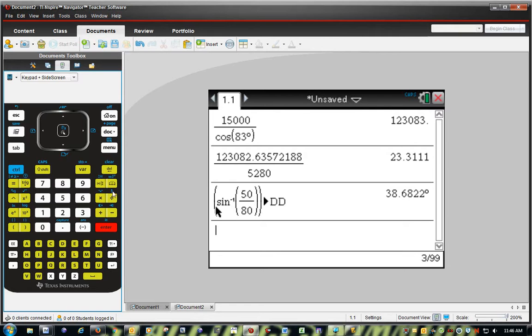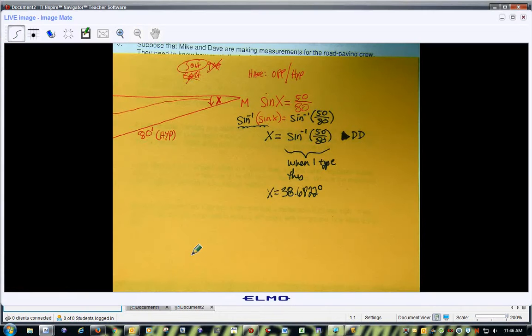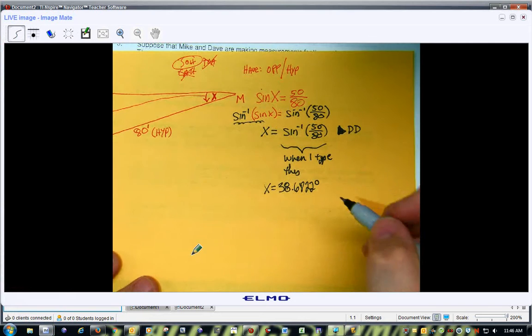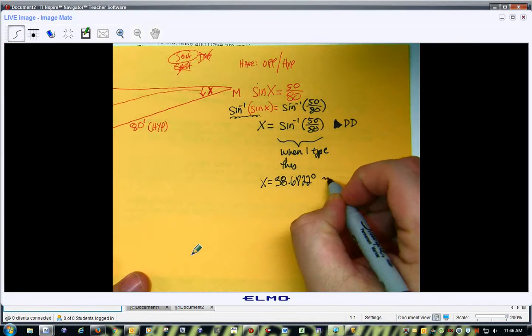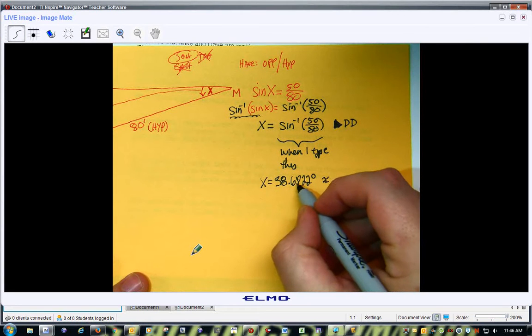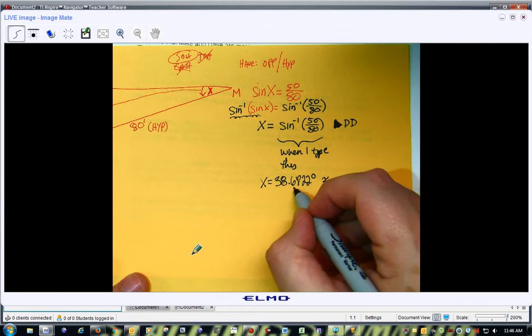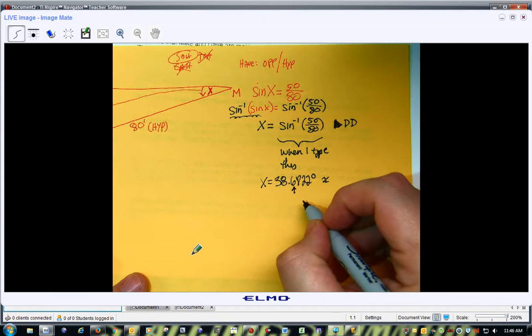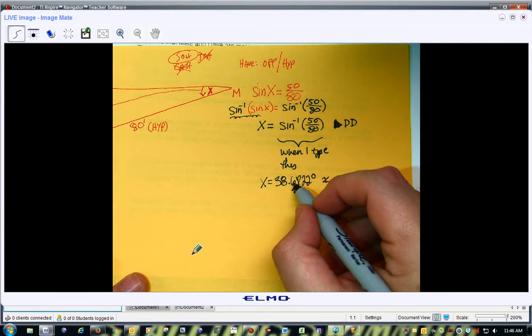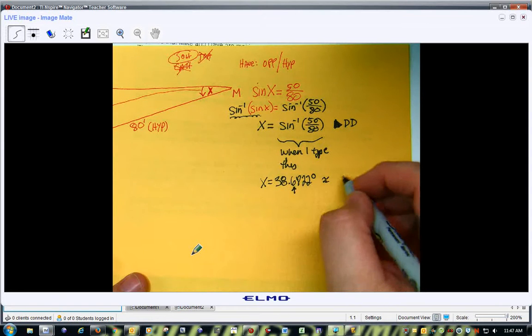Now we got to go back to here. This was our answer, but we need it to the nearest tenth. So how do you round this to the nearest tenth? I got to round it to that spot, so what's the 8 going to do to the 6? Make it a 7. 38.7 degrees.